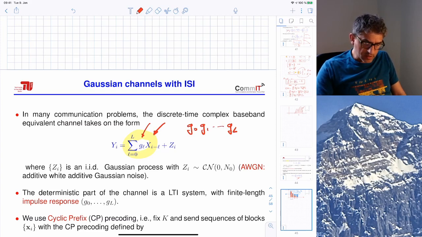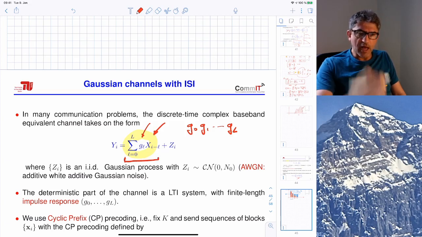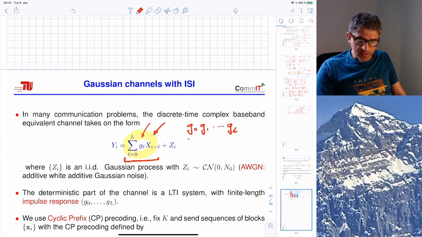So this is the output of a linear system with this impulse response and the input sequence x. But at the output, apart from this linear filtering, there is additive noise. So this channel is called the Gaussian channel with ISI.